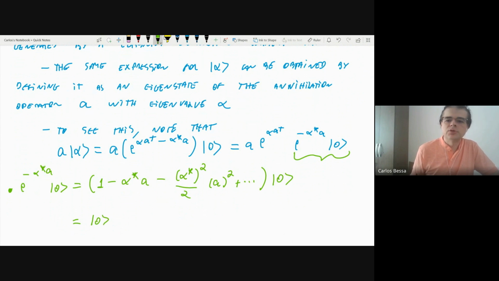And A applied to 0 is 0, remember, the annihilation operator: this is the ground state, so below the ground state you have nothing. So A applied to this is 0, A squared will also be 0, and A cubed will be 0. So in the end, the only nonzero term will be this first part, which gives me just the vacuum state. It doesn't change.